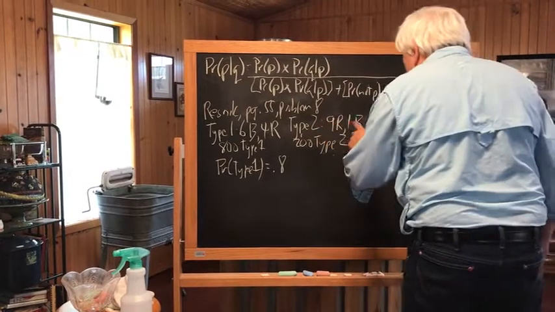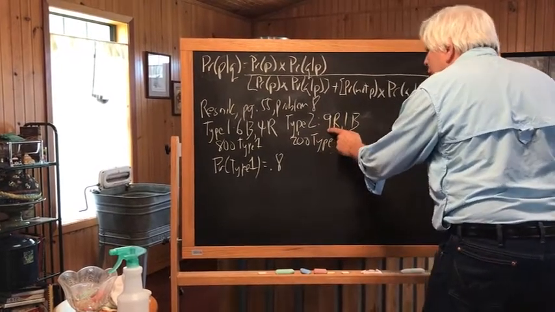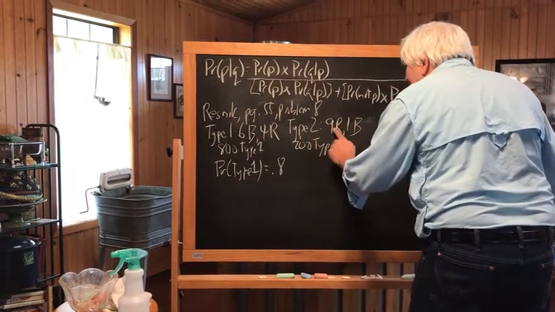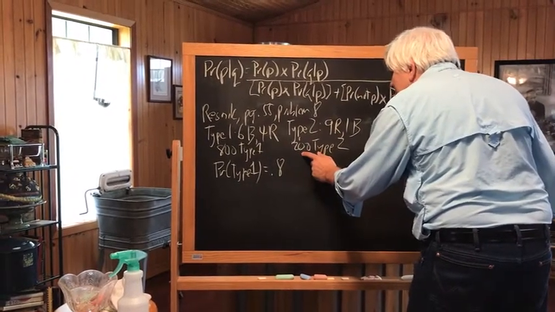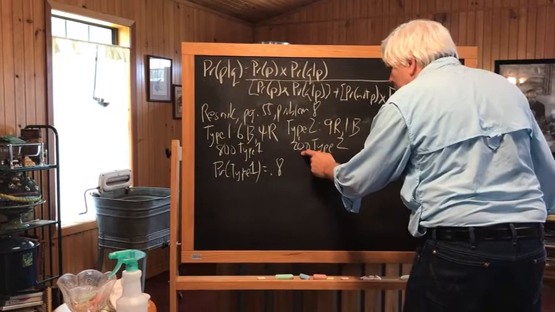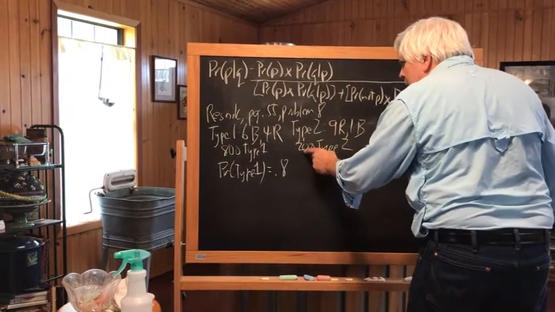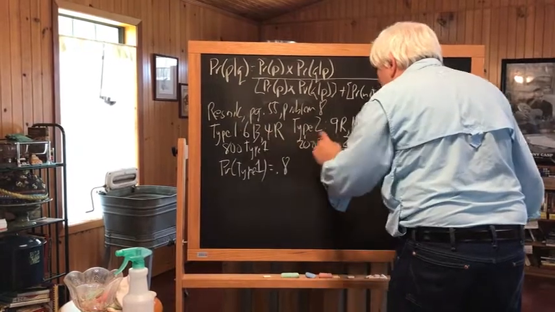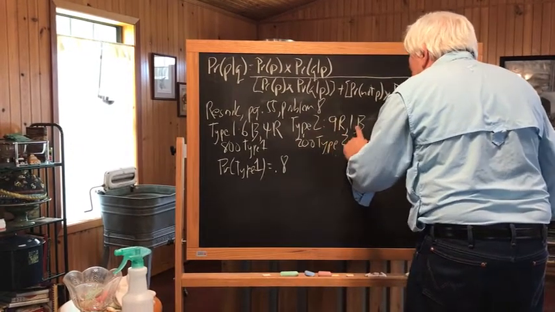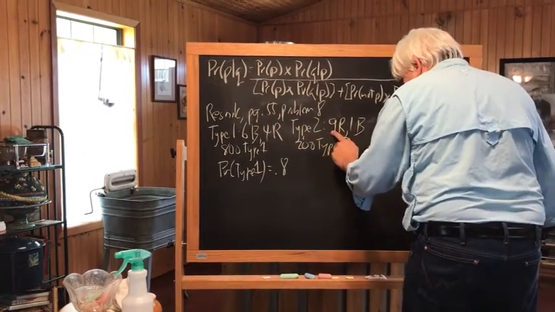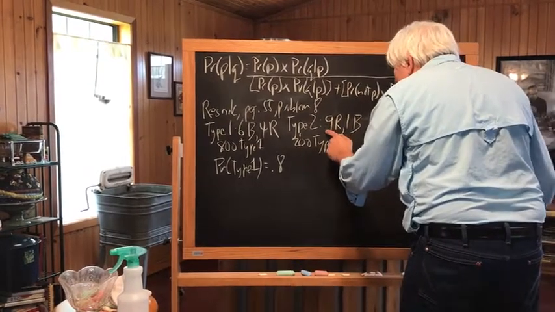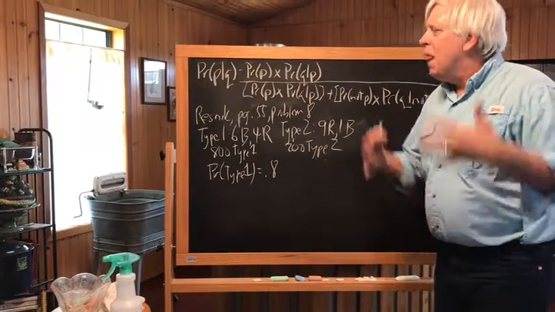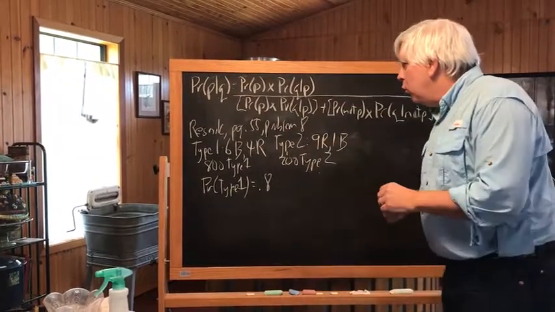In the type 2 urns, there are 9 red balls, but there are only 200 of those urns in the room, so that's 9 times 200, which is 1,800. So we know that we have a total of 5,000 red balls scattered out in those urns in the room.